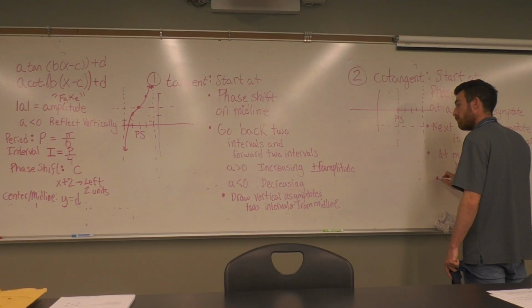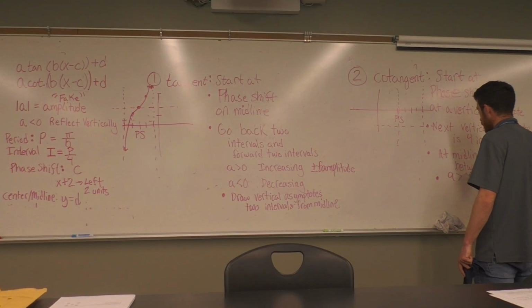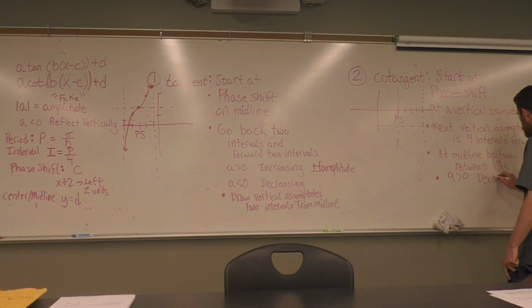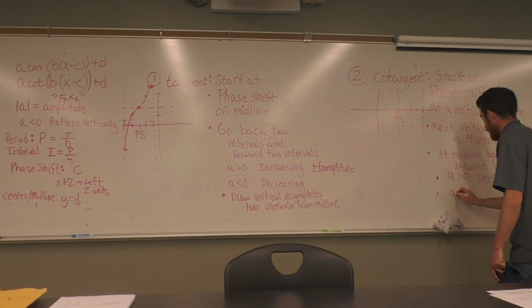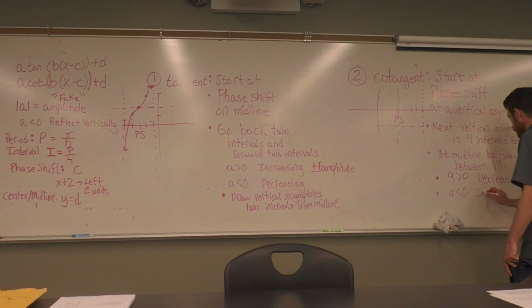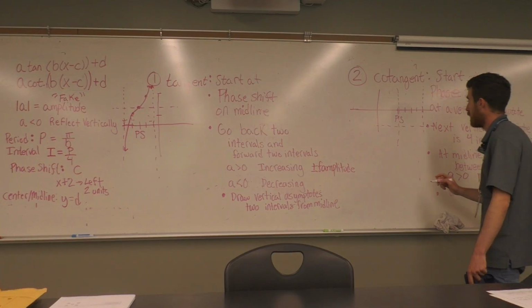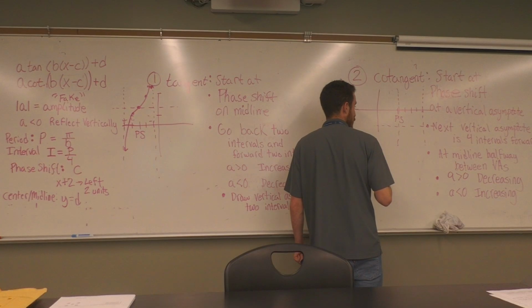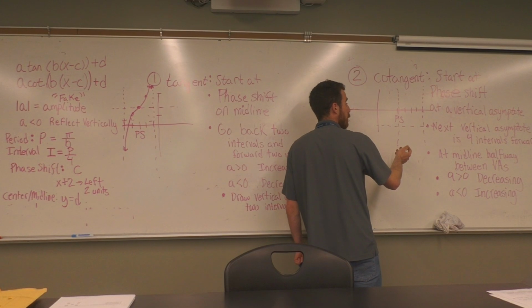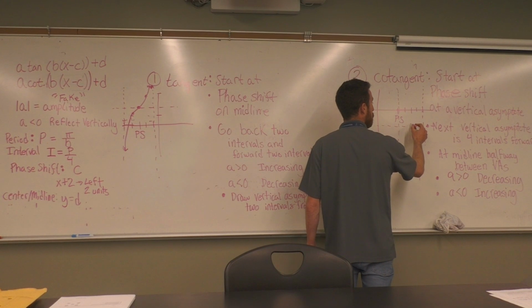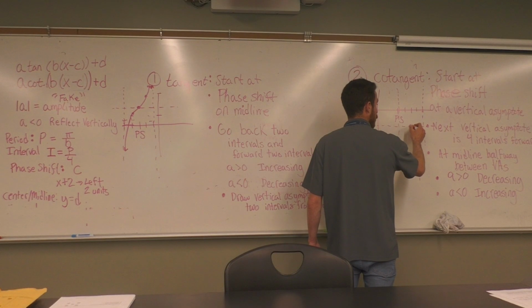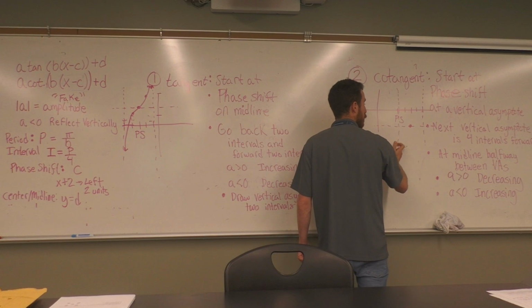If A is greater than 0, we are decreasing. And if A is less than 0, we are increasing. Everything else sorts itself out if you put the vertical asymptotes at the right place. So, because I know that I'm going to be increasing, I can still place my point on the midline right in the middle. I've already drawn the vertical asymptote, gone forward, and figured out where the halfway point is.